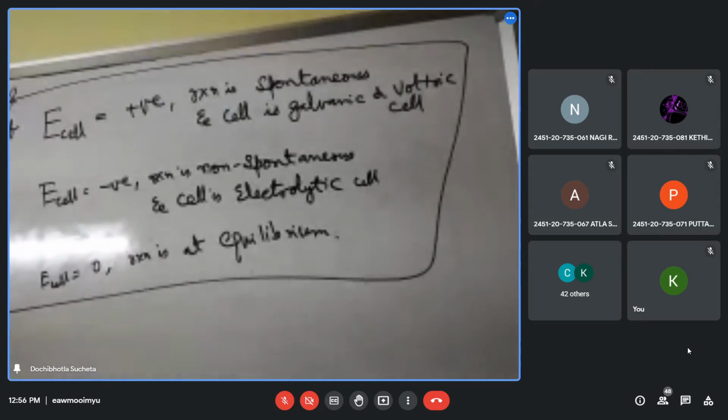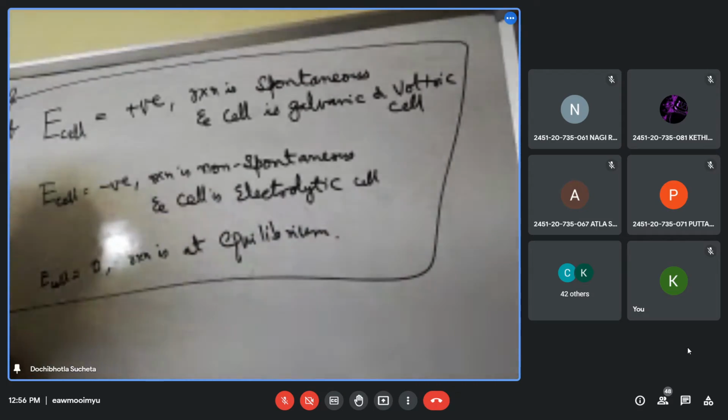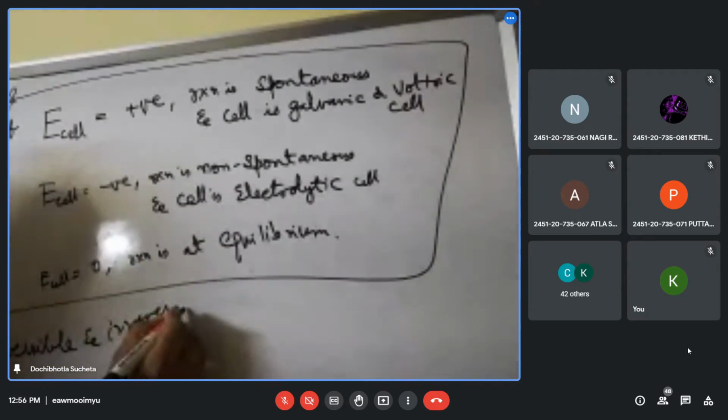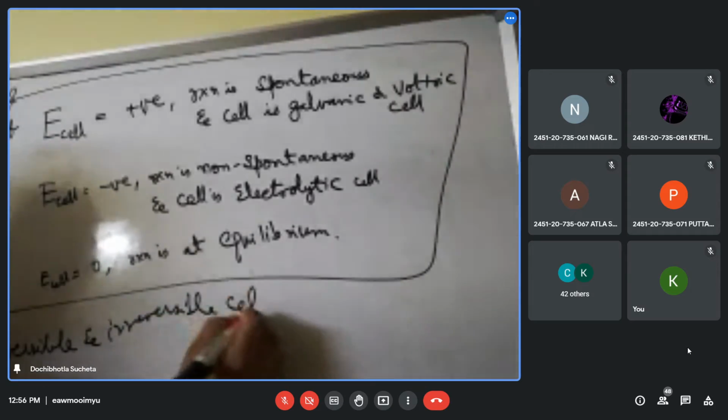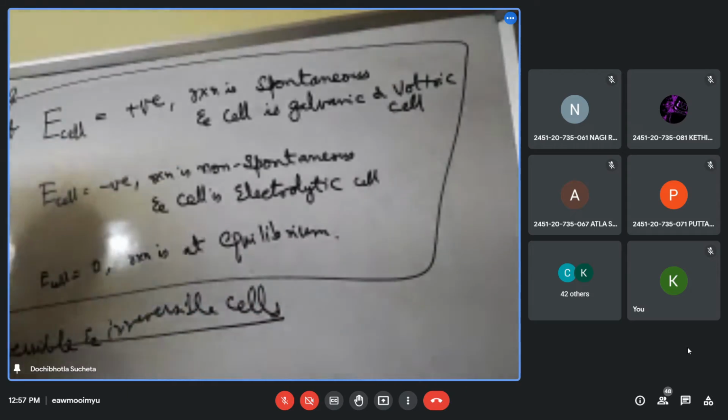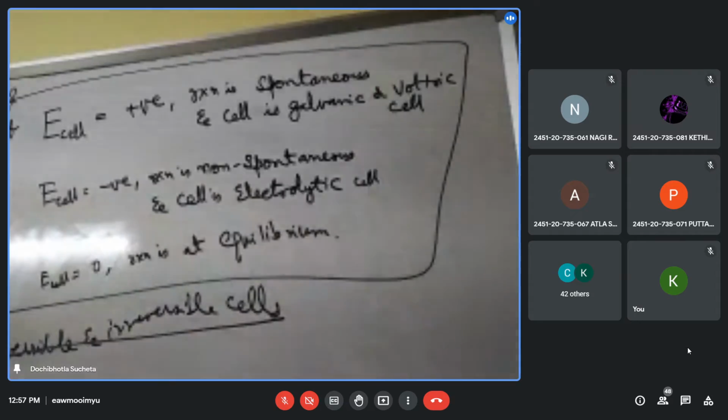Right, the next heading, point number 34. Reversible and irreversible cells.